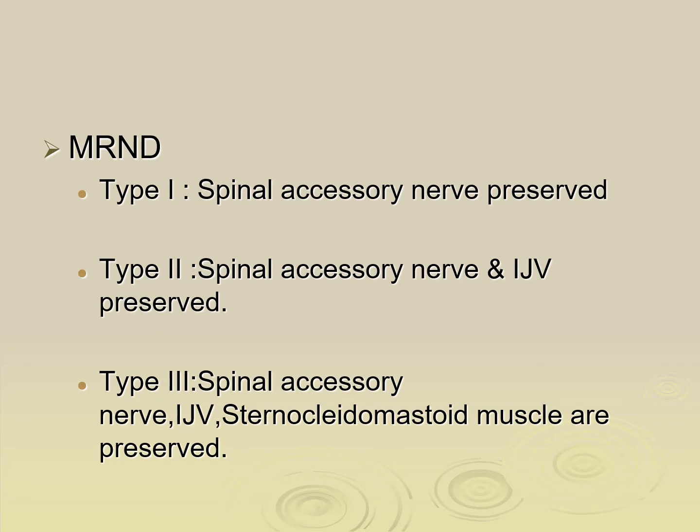Type 2 is spinal accessory and IJV preserved. Type 3 is spinal accessory, IJV, and sternocleidomastoid all preserved. That means from level 1 to 5 all the lymph nodes are removed and these structures are preserved: type 1 spinal accessory, type 2 spinal accessory with IJV, type 3 spinal accessory, sternocleidomastoid, and IJV.